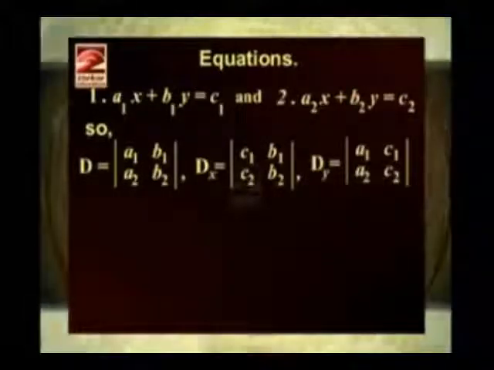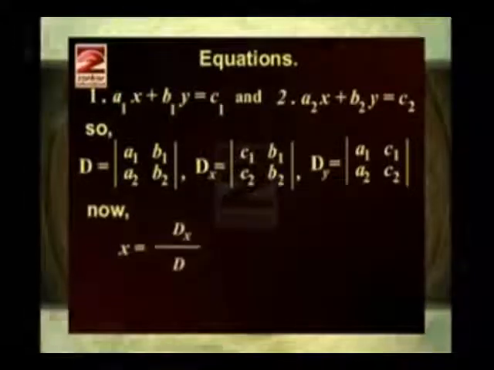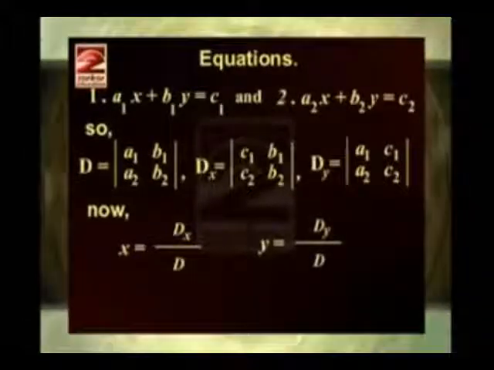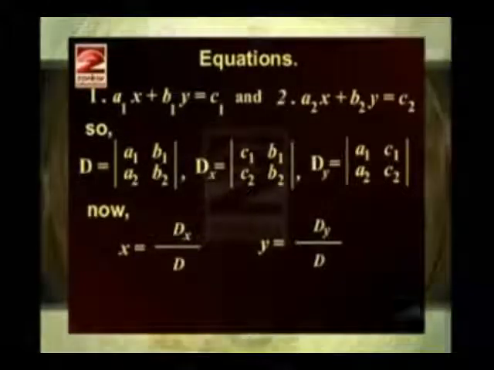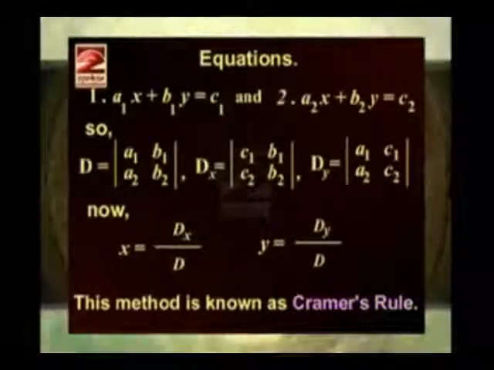And Dy is equal to the determinant of a1, c1, a2, c2. Now, x is equal to Dx upon D and y is equal to Dy upon D. This method is known as Cramer's rule. Now solve the equation using Cramer's rule.